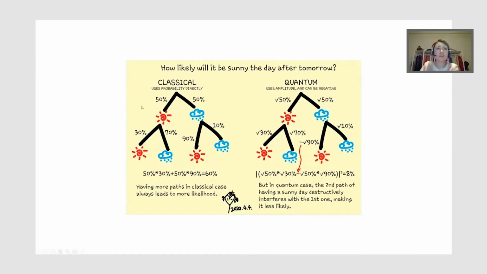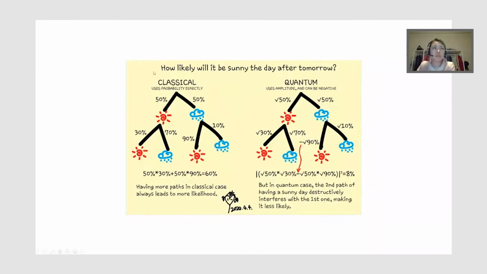This is what we learned as kids, like how do we calculate probability? Classically, if you want to know, say, tomorrow has equal probability of being a sunny day or a rainy day, what is the probability of the day after tomorrow being sunny?